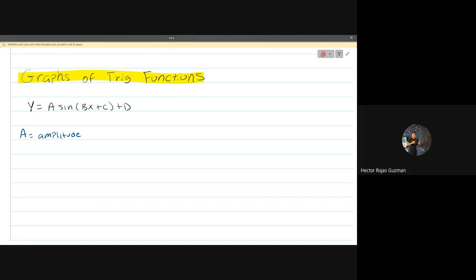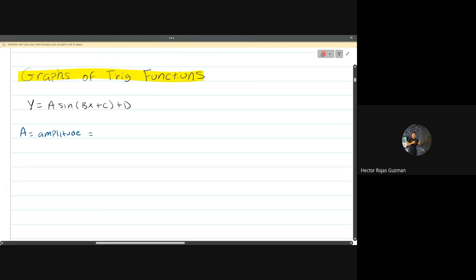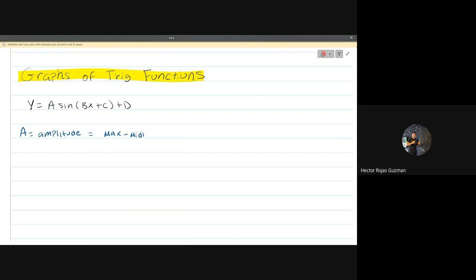And when we did the lesson the first time, I gave you a formula. There's actually different little formulas you can do to figure out the amplitude. Maybe the simplest one is to take the maximum value, subtract the midline. Then something else that's pretty easy is D. That's the midline.